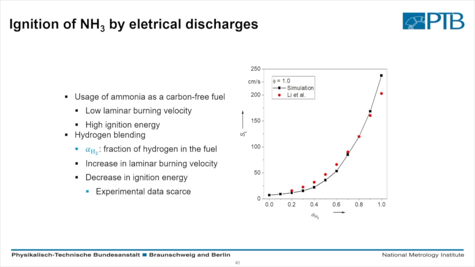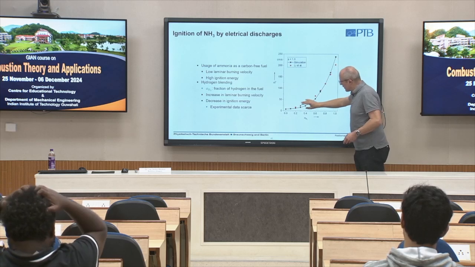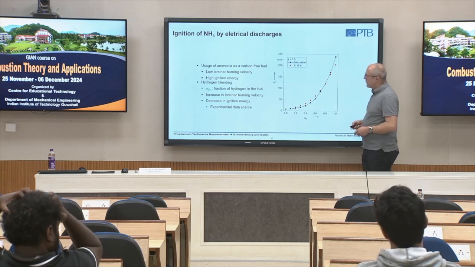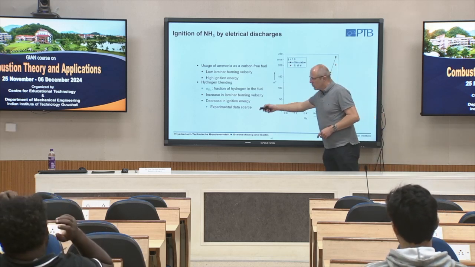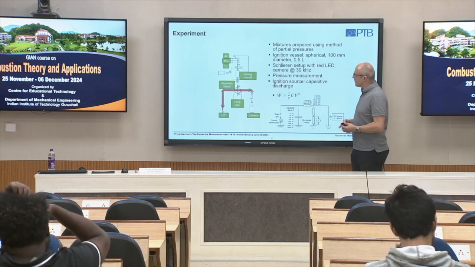So you see here, when we add hydrogen, we start here at 6.5 centimeters per second and end at 2.3 meters per second. So there's a significant increase, and we also have a decrease in ignition energy.